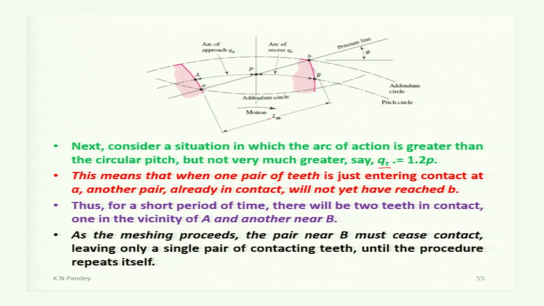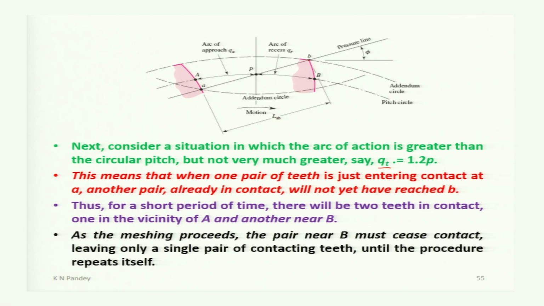the linear distance LAB is taken from small a to small b. Small a is the start of contact, and small b is the end of contact. So this length was taken to represent the line of action.